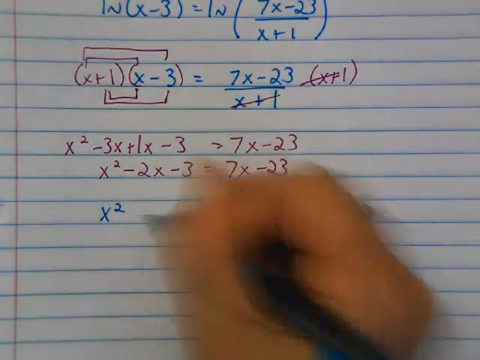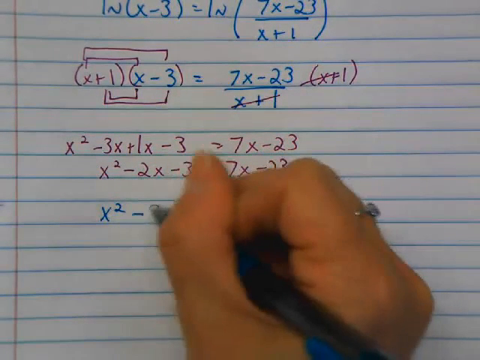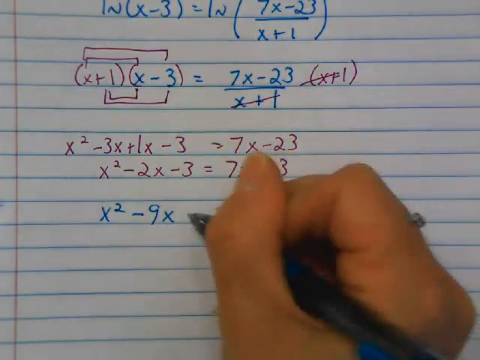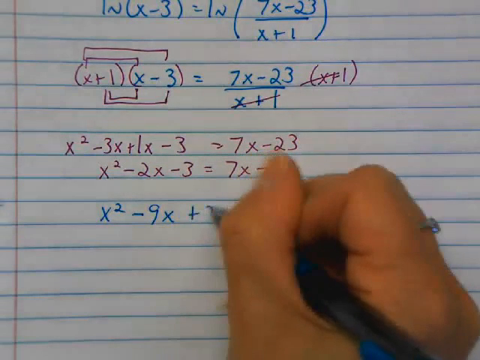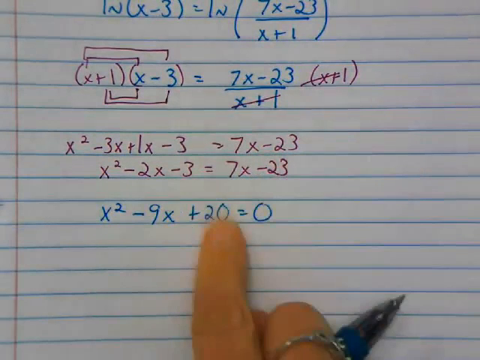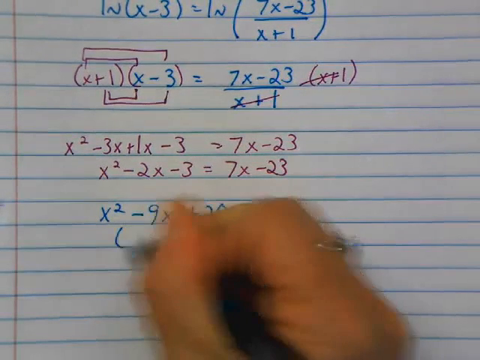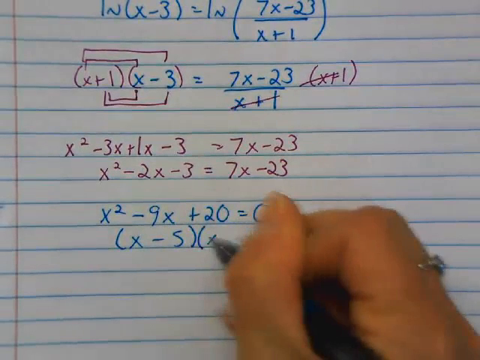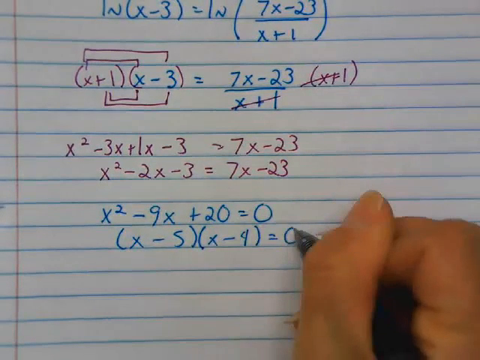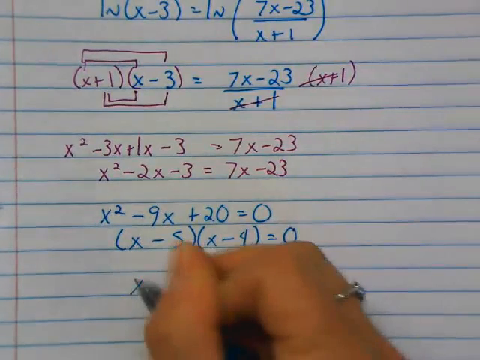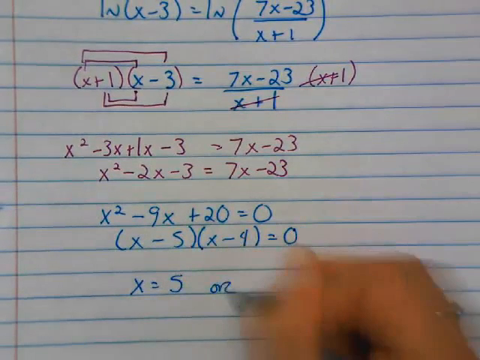So I say, is there anything that would multiply to give me 20, add to give me 9? Yep, how about 5 and 4? So my answer is x equals 5 or x equals 4. Okay, last thing to double check. Do both of these work?